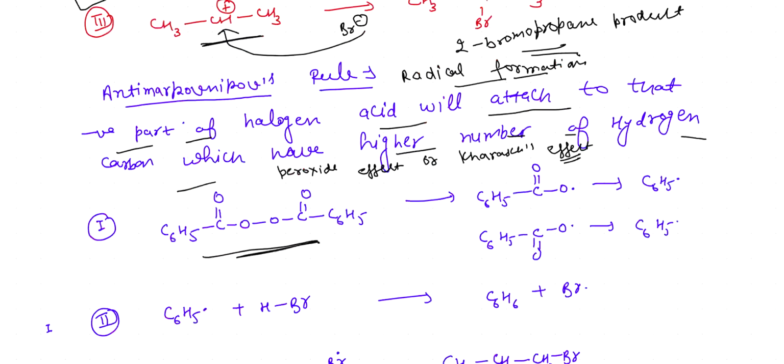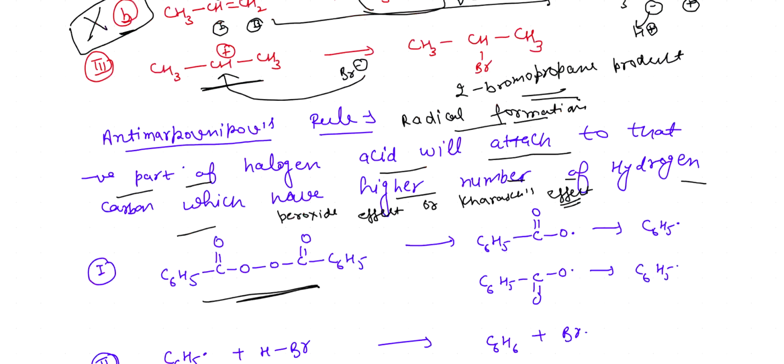The first step is the initiation step. In the initiation step, what happens? Free radicals are generated, as there is a peroxide. Which kind of peroxide is this? This is benzoyl peroxide. This oxygen will attract its electron toward itself, and this oxygen will attract its electron toward itself, so it will lead to homolytic fission.